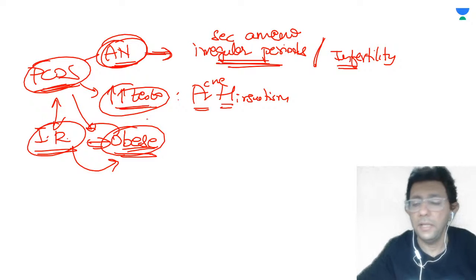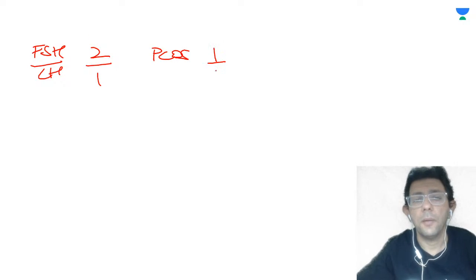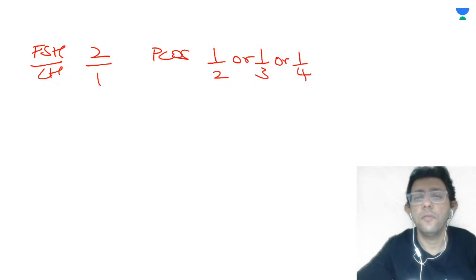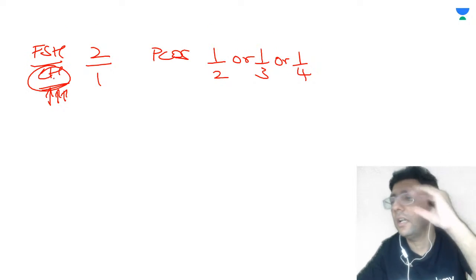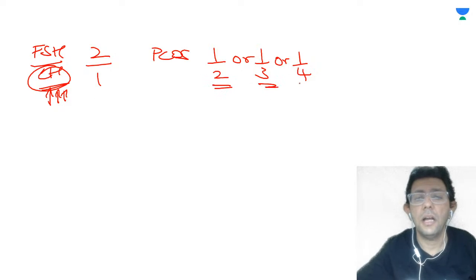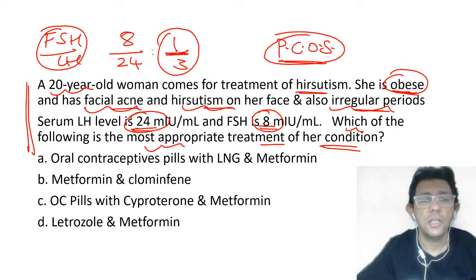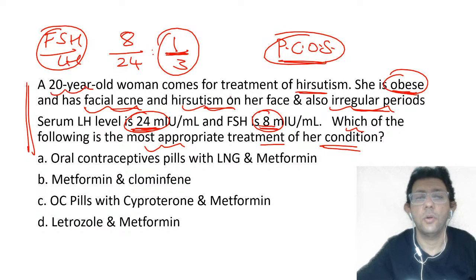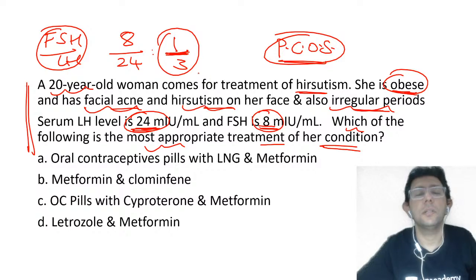Normally the FSH to LH ratio is 2:1, and in PCOS the ratio becomes reversed, 1:2 or even 1:3 or even 1:4. Why? Because LH is persistently elevated. Look at our case: LH is 24, FSH is 8, so the ratio is 1:3.